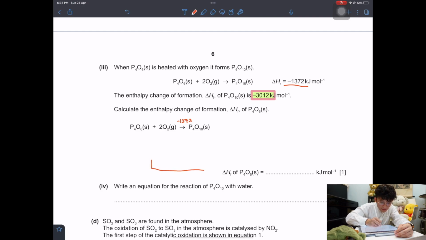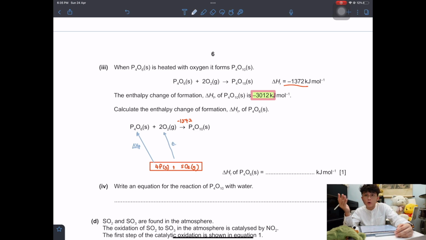So guys, you can draw your element box here. In my element box, I need phosphorus. At the same time, how many oxygen do I need? I need 5 oxygen gas. So link it up. Forming P4O6 is how much? P4O6 is what the question asks you to find, right? You know that forming O2 is basically 0 because you don't need any energy to form oxygen gas.